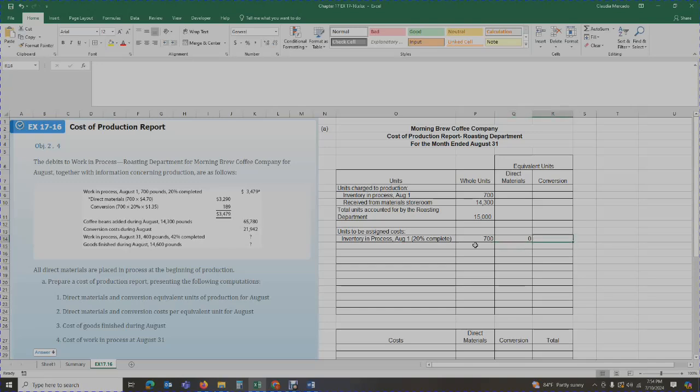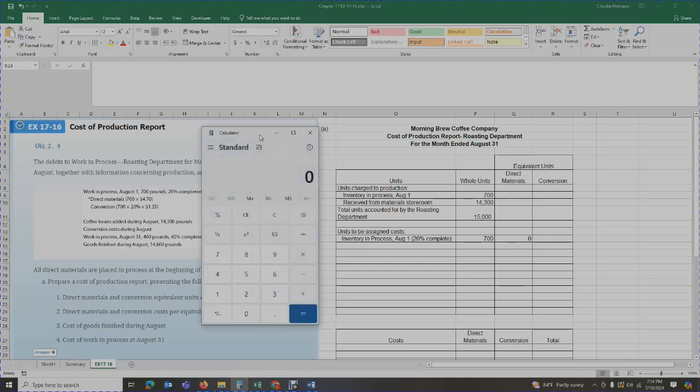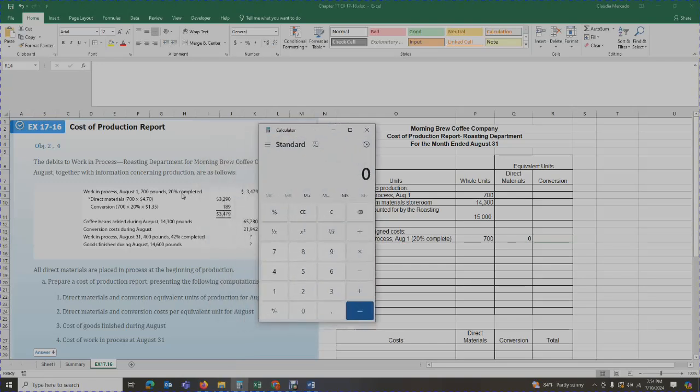Now for the conversion cost, that is different. The problem says that it's 20% complete. So that means it's 80% incomplete. I'm going to get my calculator. 100 minus 20 means 80% is incomplete.